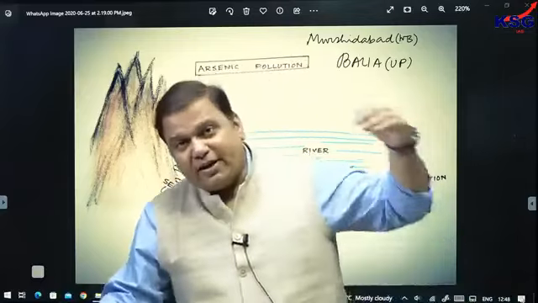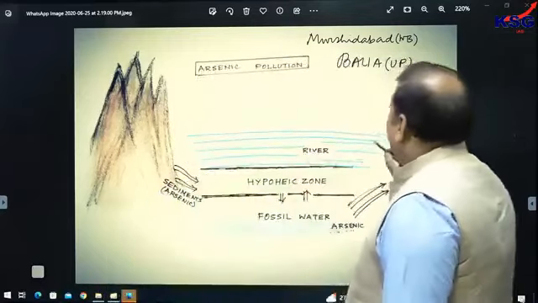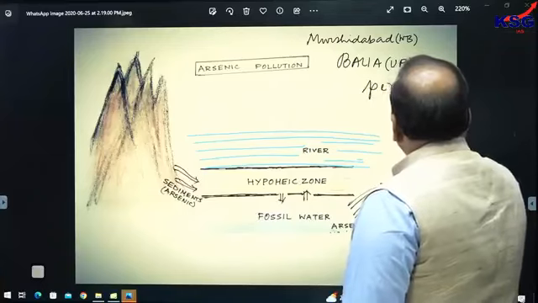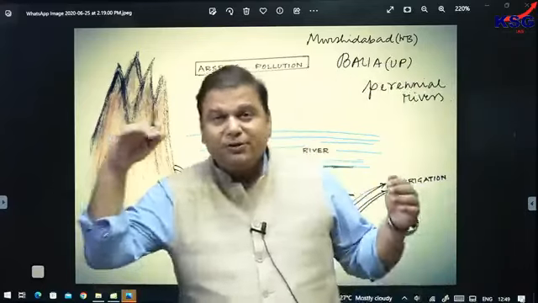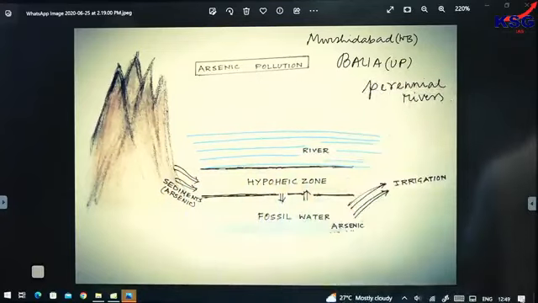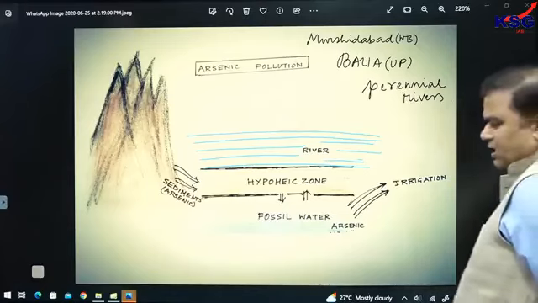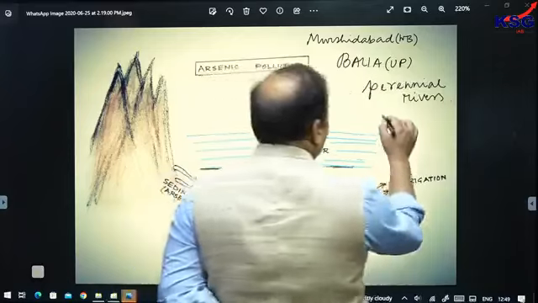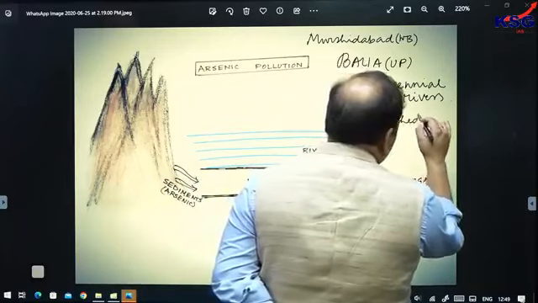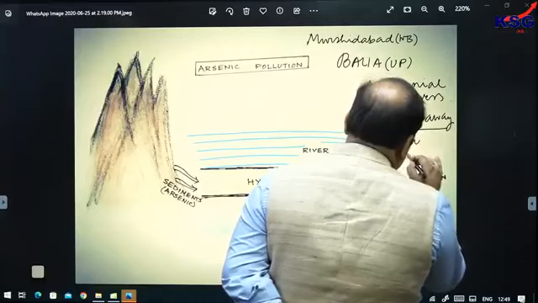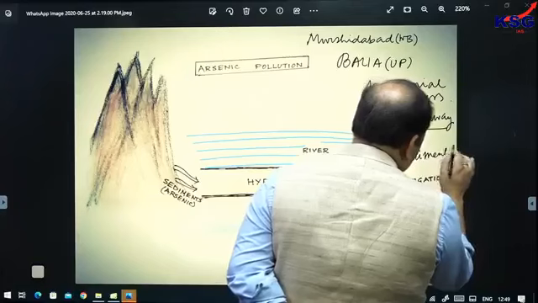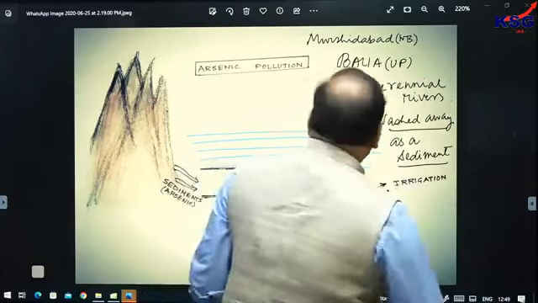Clear? When perennial rivers originated, they were responsible for eroding these rocks, and arsenic was washed away as sediment by the hyporheic zone of rivers.